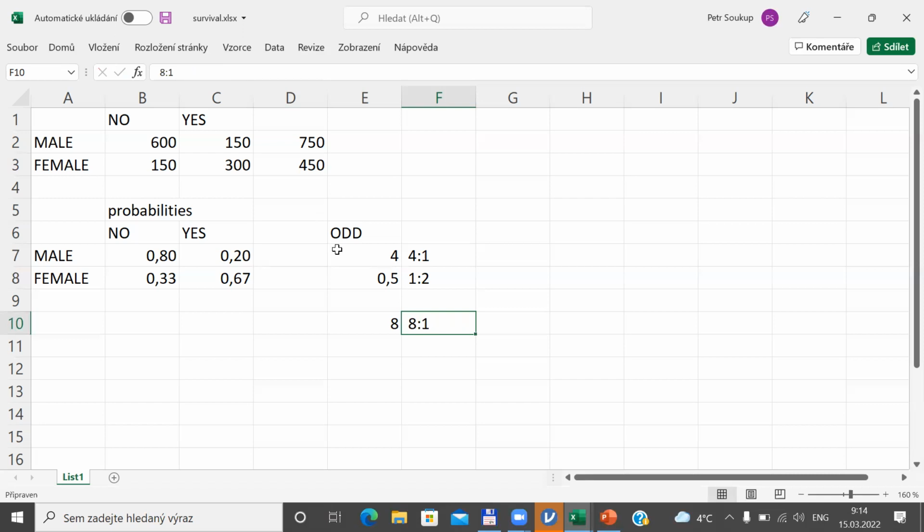So once again, I'm typing this ratio here for you to remember. And what does it mean if the odds ratio for survival, to be dead or not to be dead, for male and female is 8:1?